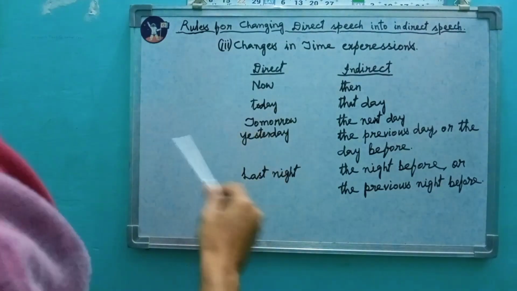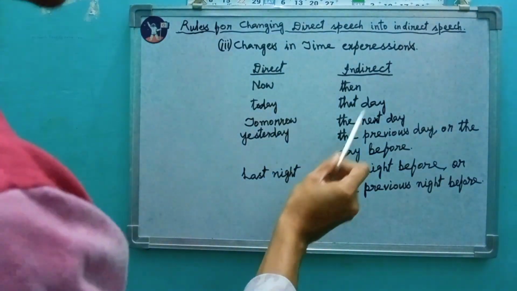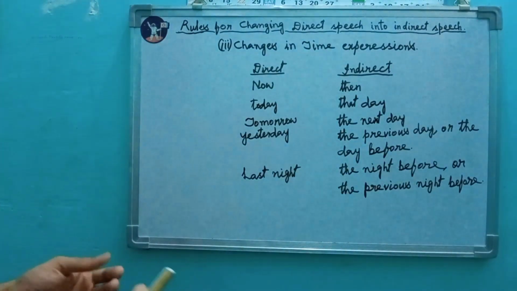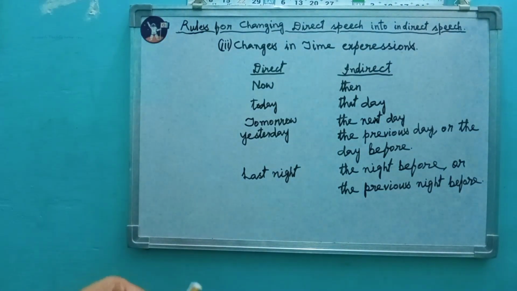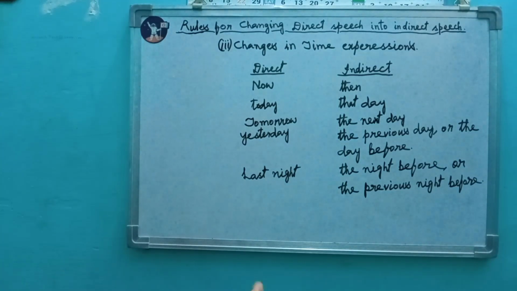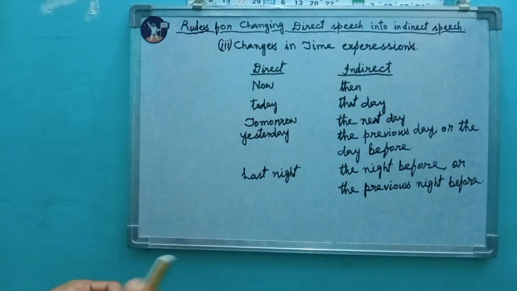Direct now, indirect then; today, that day; tomorrow, the next day; yesterday, the previous day or the day before; last night, in the indirect sentence, the night before or the previous night.